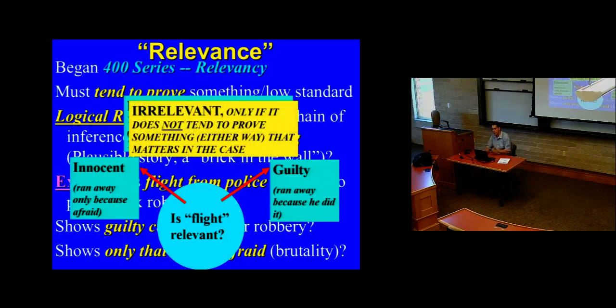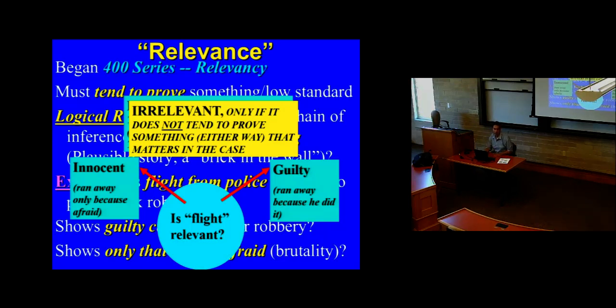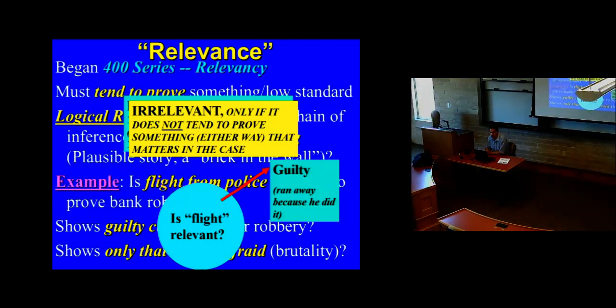Something that would be irrelevant is if it has nothing to do, whatever, with the person running away, right? It doesn't prove something either way in the case, and therefore it doesn't matter at all. All right, and sometimes that's difficult, to think of what would not matter.